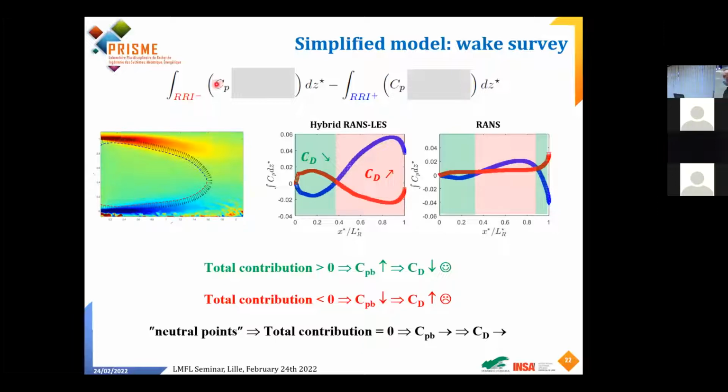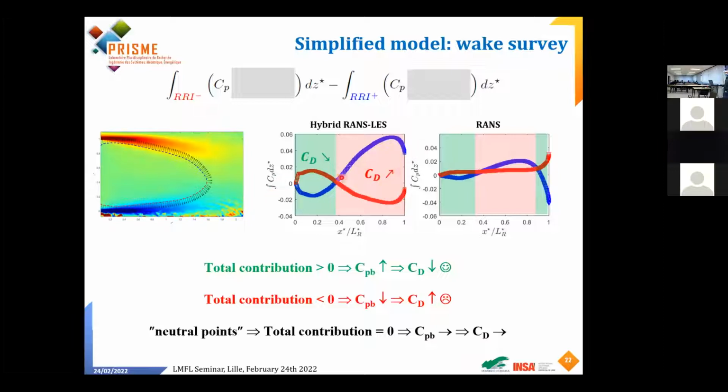So the pressure effect, so I'm not looking at the second part of the integral here. I will focus here only on the numerical simulations because it's a bit more tricky to get it from the experiments. Here I'm presenting the cumulative integral of the pressure as I'm traveling along the interface.